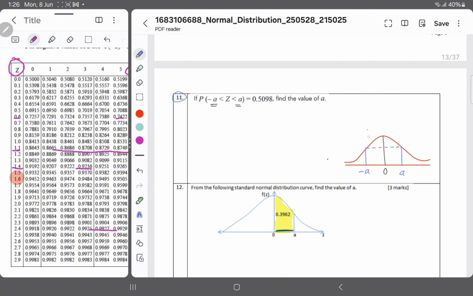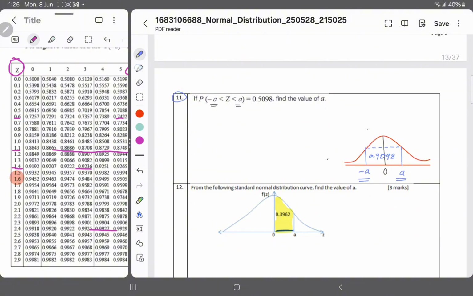And he said the total area here is given by 0.9098. What do we have to do to state the value of a here? As you know, we just use the table if the value is positive and the area below. And since we have the same value here, one positive and one negative, the area between 0 and the positive value a represents half of that area.